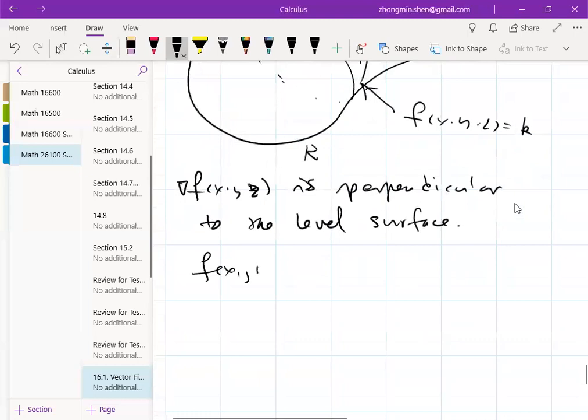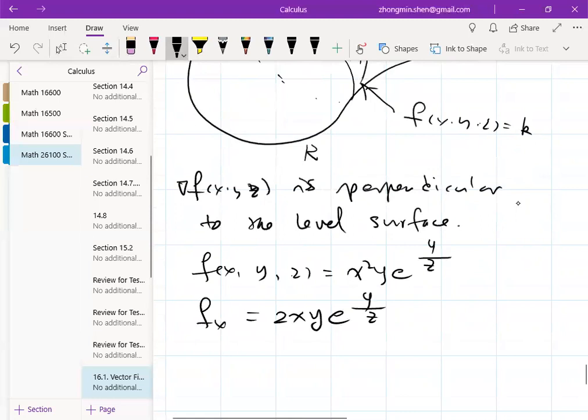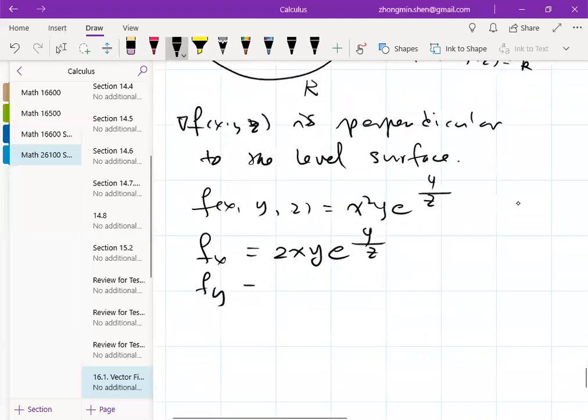Let me write down the function again. First of all, you have to find the partial derivative with respect to x. It's going to be 2xy e to the y over z. And f sub y is a little bit more complicated. First of all, you use the product rule.